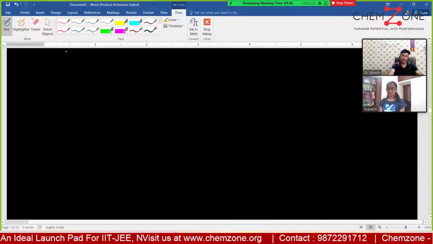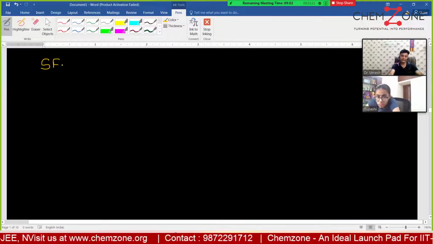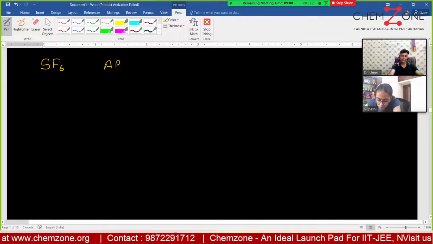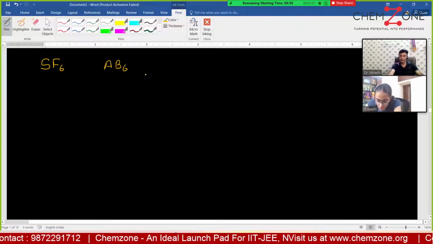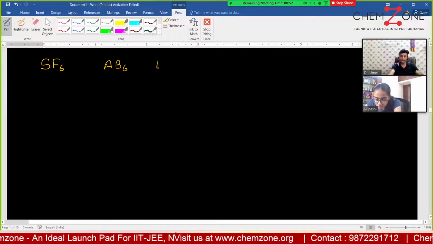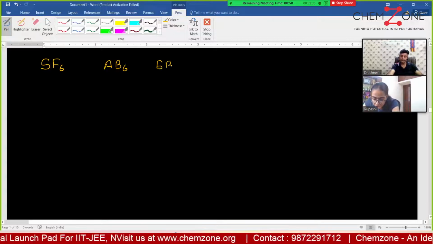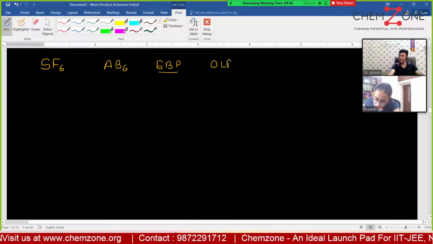Now, in case of SF6, it's an AB6 type of molecule, where we have 6 bond pairs of electrons and 0 lone pairs of electrons.